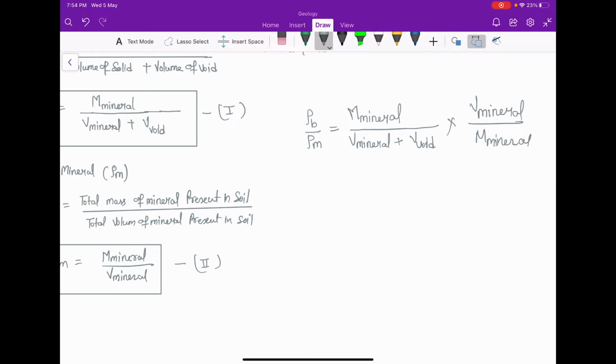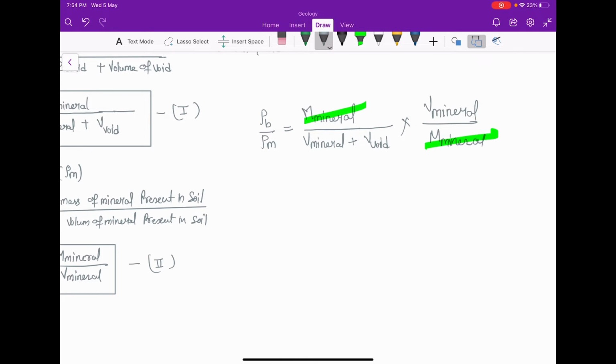So mass of mineral and mass of mineral will cancel out, so rho b divided by rho m is equal to volume of mineral divided by volume of mineral plus volume of void.